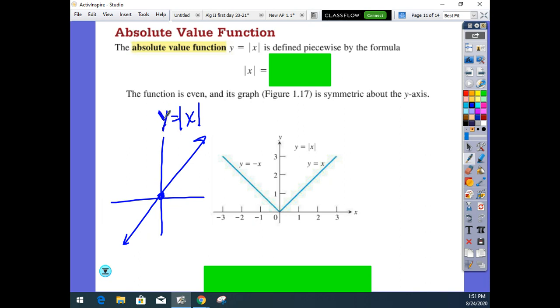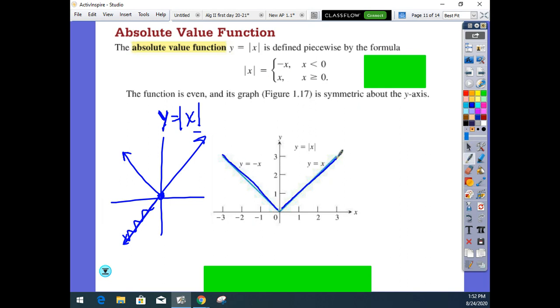That means all y values need to be positive, so it takes all of these and reflects it over the x. That's why absolute value of x, as long as this is an x inside, will be a V shape. And because it's like 2 different lines, one with a negative slope, one with a positive slope, I can cut it off at 0 and do either less than 0 and greater than or equal to 0. So it's negative slope on the left side, positive slope on the right.